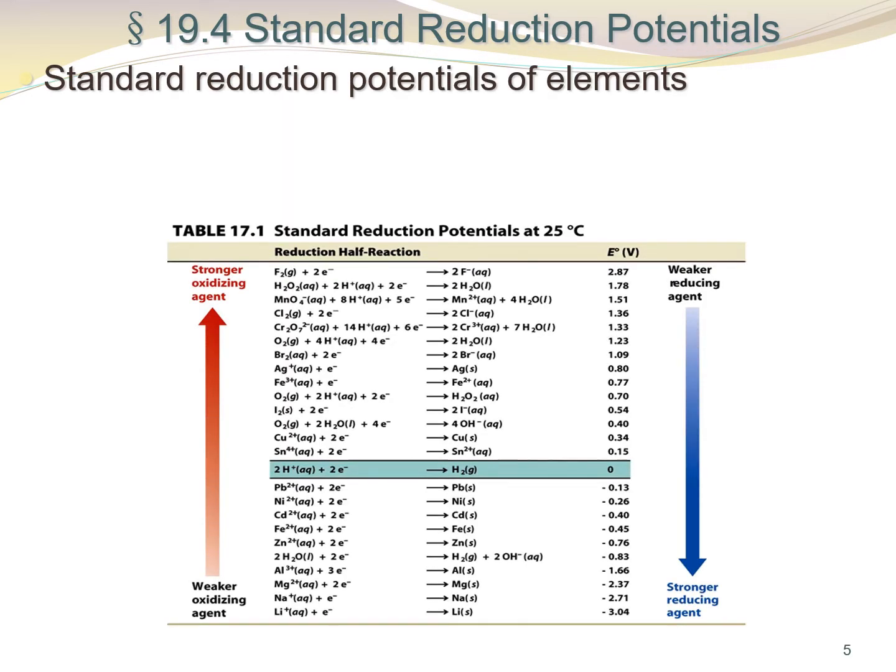Here is a table of standard reduction potentials for many substances, including the free elements as well as ions and compounds. Obviously, for fluorine right here, the value is very positive.